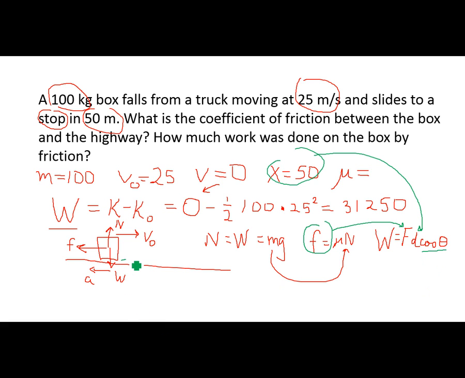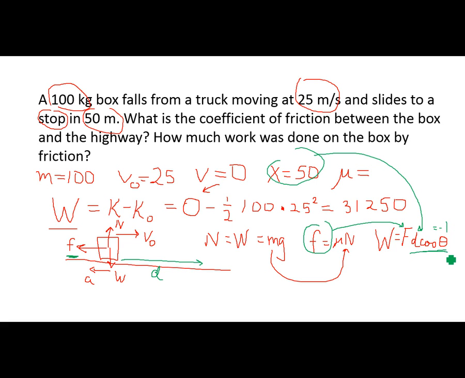Remember, the distance d is this way, right? But the force of friction is the other direction. So that's a 180-degree angle between the force f, little f, and the displacement d. So cosine of 180 is -1. So we're going to get a -1 from this term.